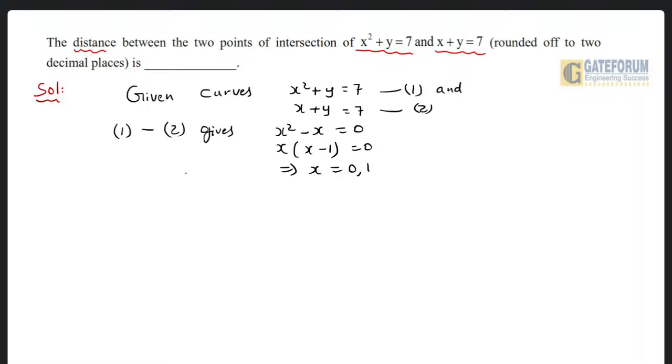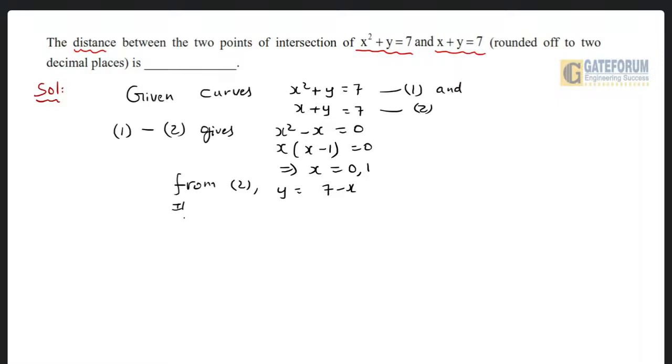Now, substitute each x value in 1 or 2. Find the corresponding y values. From 1 or from 2, y is equal to how much? 7 minus x.